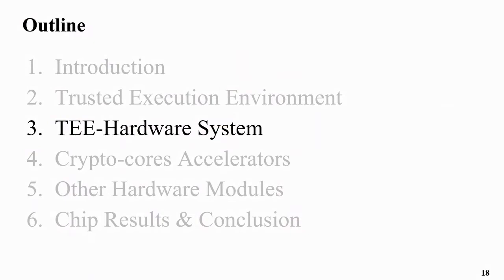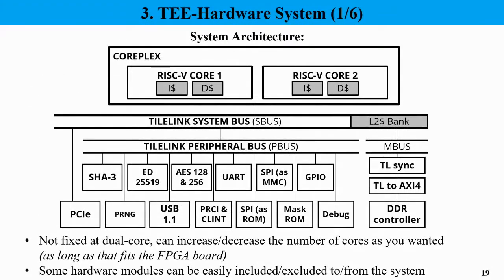Okay. So let's talk about the actual hardware that is integrated in this system. This figure depicts the implemented system-on-chip architecture. We implemented a coreplex of several RISC-V processors supporting integer, multiplication, and floating point extensions, which are necessary for Linux to be compatible.